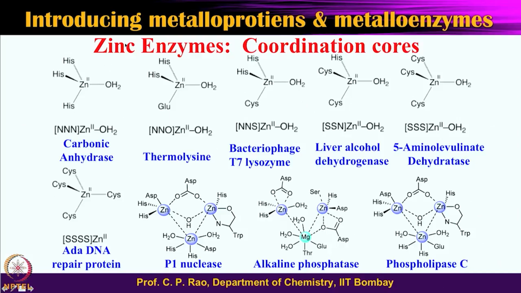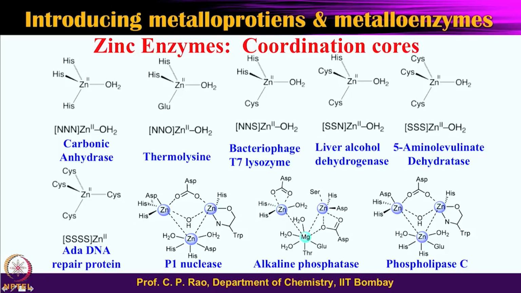Now, let us go one by one. This is carbonic anhydrase, thermolysin, we have seen in the previous slide, the bacteriophage lysozyme, liver alcohol dehydrogenase, aminolevulinate dehydratase and DNA repair protein. This can also be a part of the liver alcohol dehydrogenase with zinc being in the structural form.